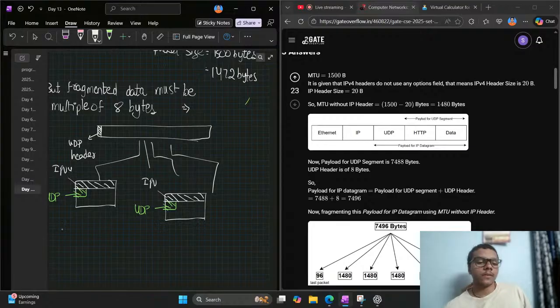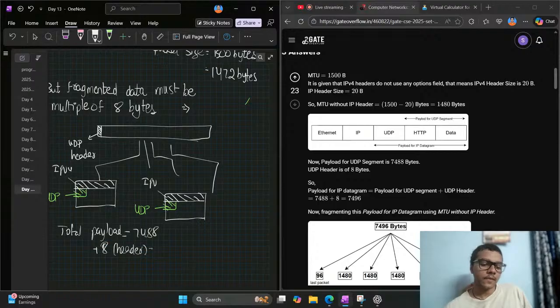So total payload is 7488 plus 8 header, that is 7496.